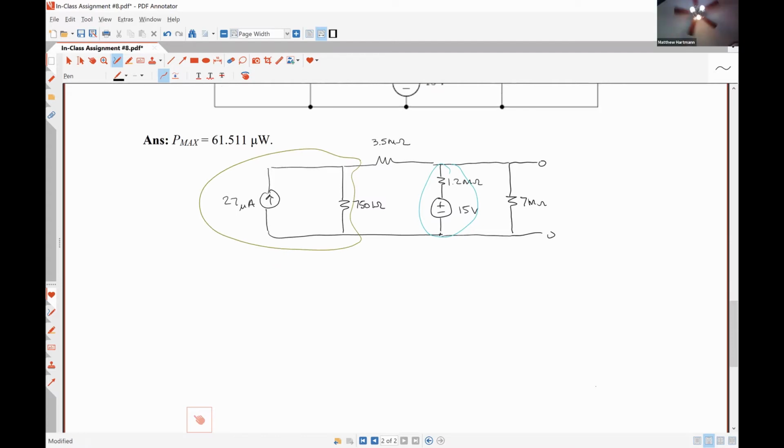Alrighty, so if we take that gentleman's suggestion, so let's see, 27 microamps times 750 kilo ohms gives me a voltage source 20.25 volts in series with a 750 kilo ohm resistor in series with a 3.5 mega ohm resistor, 1.2 mega ohms.